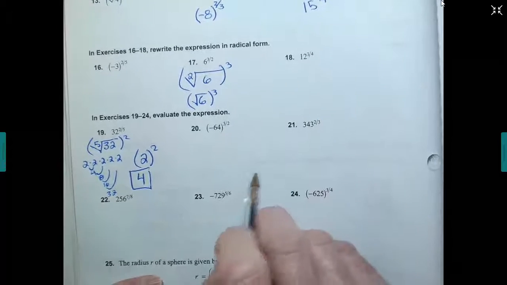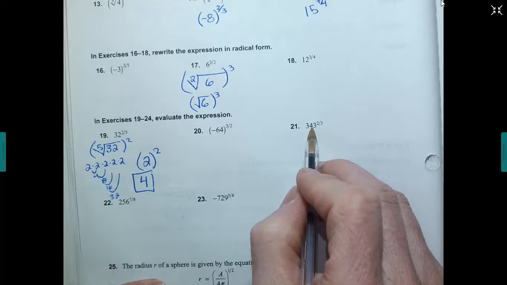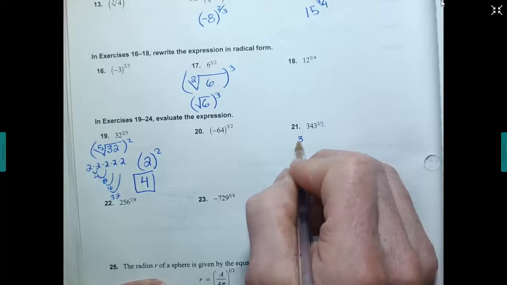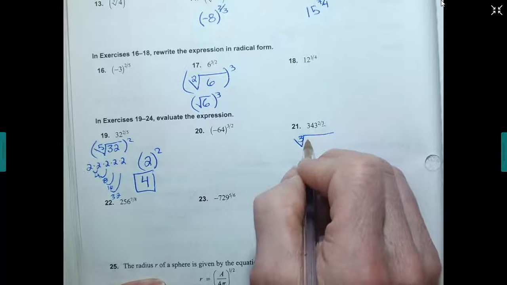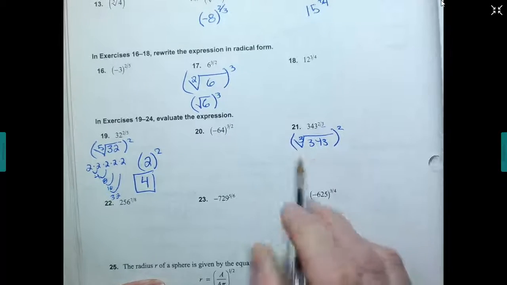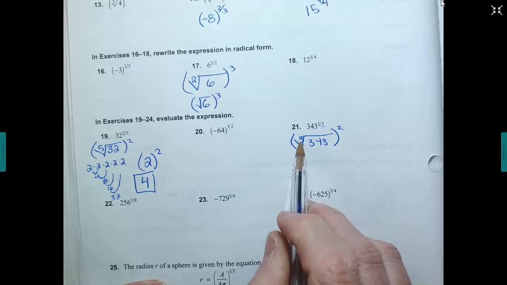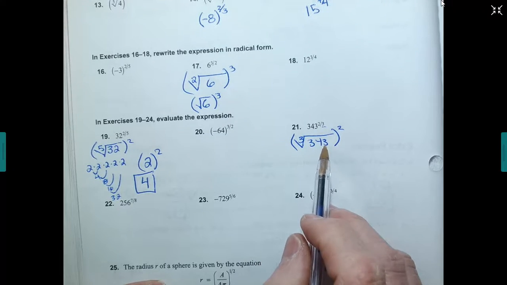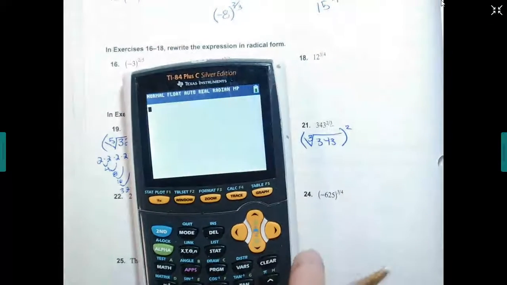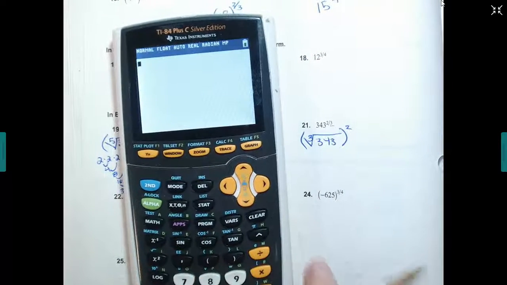21. Let's check. 343 to 2/3. So the bottom, the 3 goes in here, and I have 343, and then that's squared. So what times itself 3 times is going to get us 343? Let's try. 3 doesn't quite get us there, right? 3 times 3 times 3.